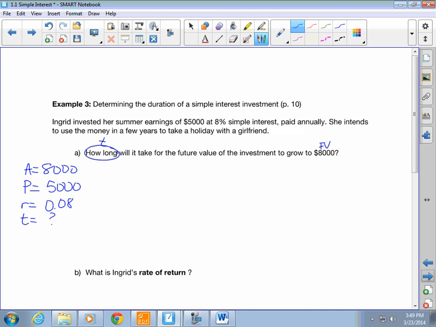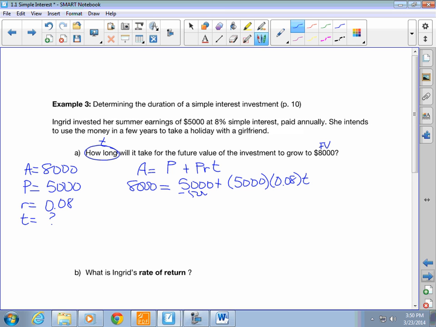So using our future value formula, and because they've given us our principal, remember there's two ways of writing it, is P times 1 plus RT, or P plus PRT. That's the way we're going to write it, because then we only have one thing to solve for. So we know A is 8,000, principal was 5,000, plus 5,000 times 0.08 times t.